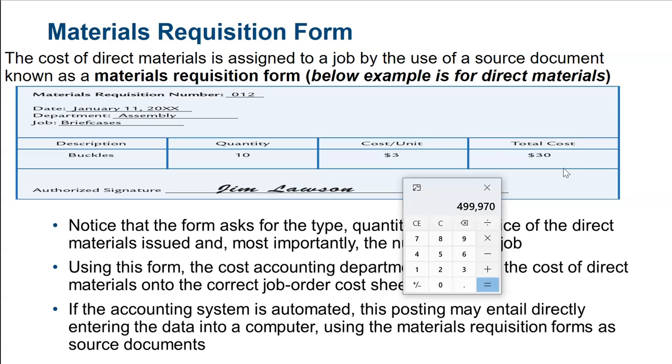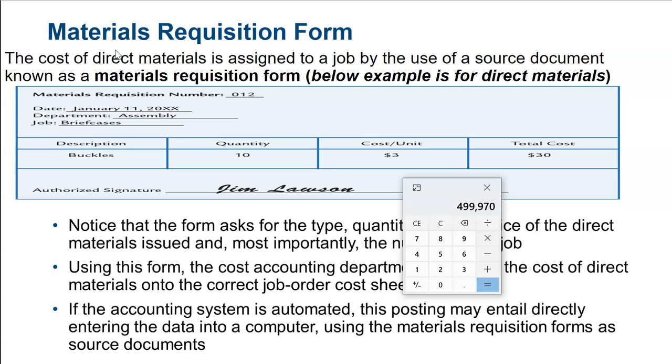So let's just say that we had no job started and we had $500,000 worth of materials. All of it was in the materials account. We had no work in process, no finished goods. We make this requisition. We now have $499,970 in materials, and we also have $30 in work in process.